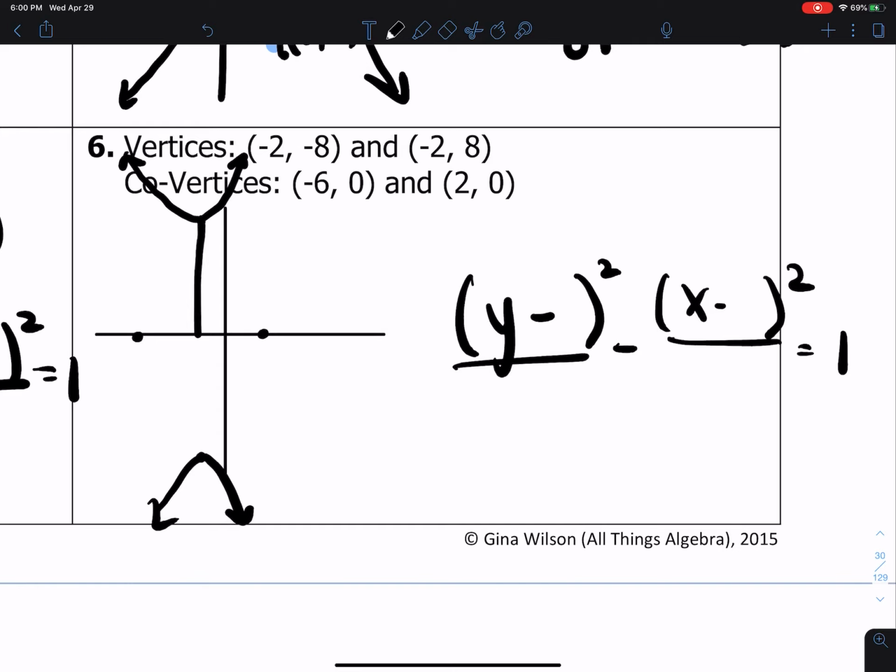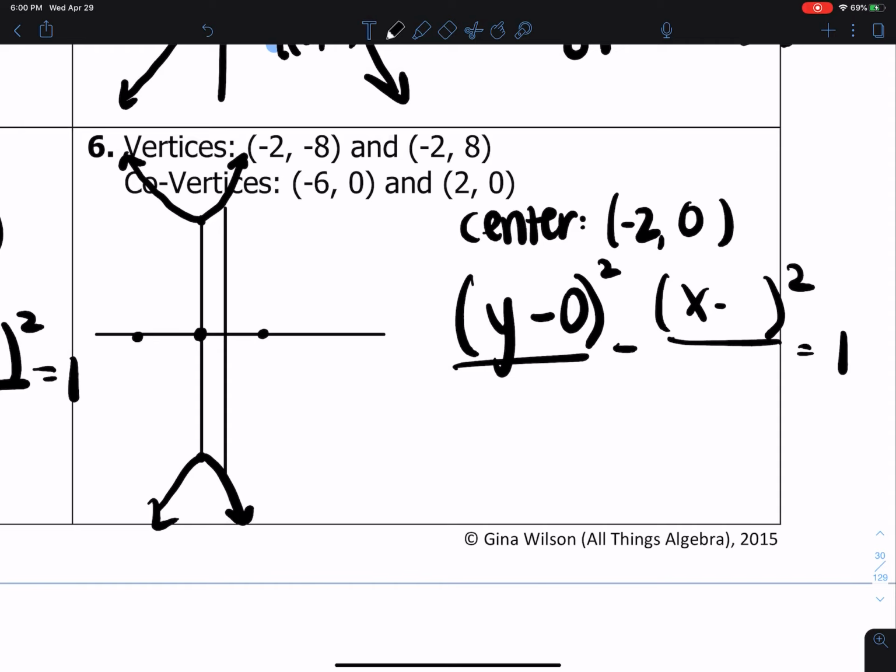So now we're going to see where these intersect. Obviously we can see that the y coordinate of the center is going to be 0. And we're going over -2 to get there. So this is our center. Now we can plug in our values. So we have y minus 0 and then x minus -2, or x plus 2. I said that wrong.